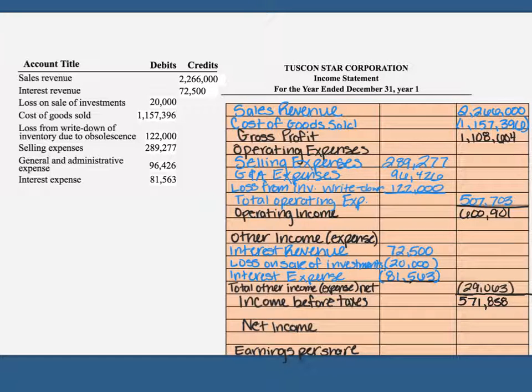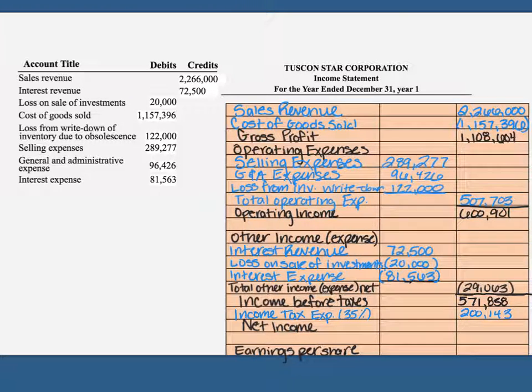Now we can calculate our income tax expense. Earlier I asked you to write down what the income tax rate was, and if you recall, it's 35%. So if we take the $571,838 times 35%, that will give us our income tax expense, and that's going to come out to be $200,143.